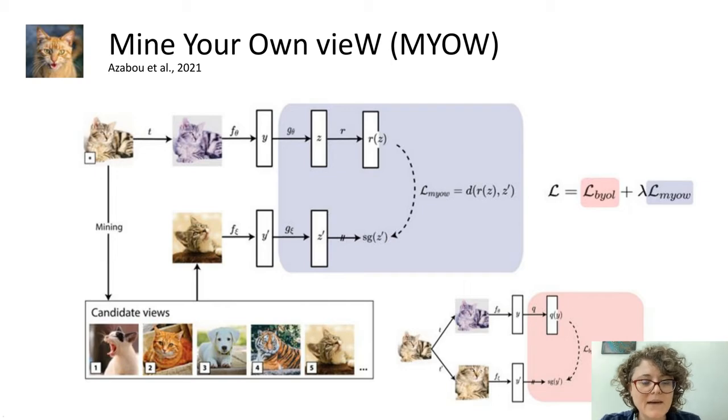And so here on the bottom, I'm just showing an example of this, where we're passing in the same image of a cat. We can transform it or look locally to create an augmentation, and then we'll basically try to look over a set of other images or other samples, find the closest one or a near neighbor in the representation space of the network, select that, and then pass it through the network in a similar way to maximize similarity.